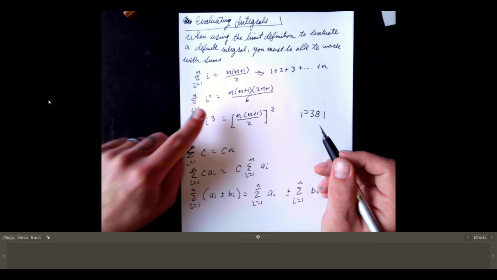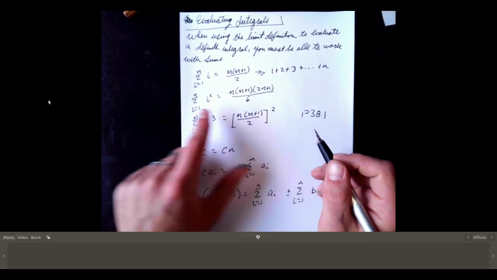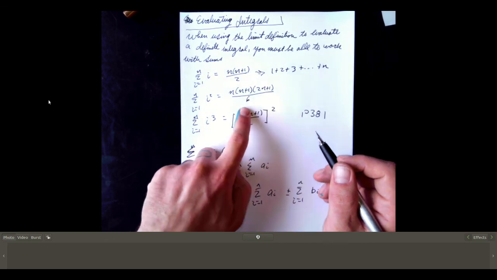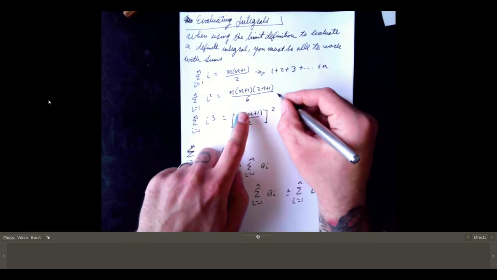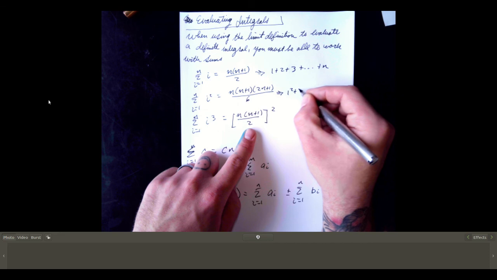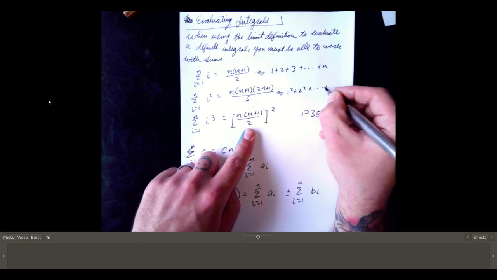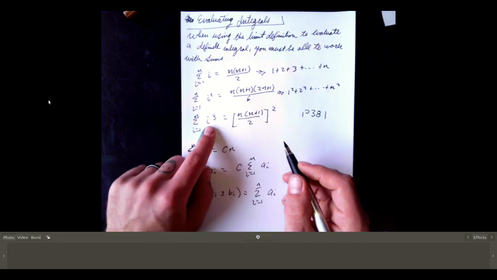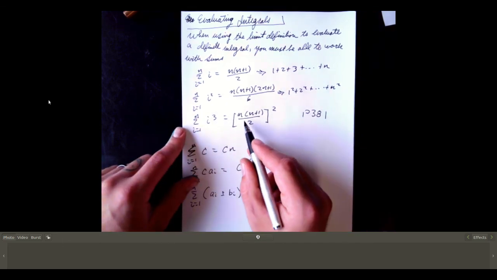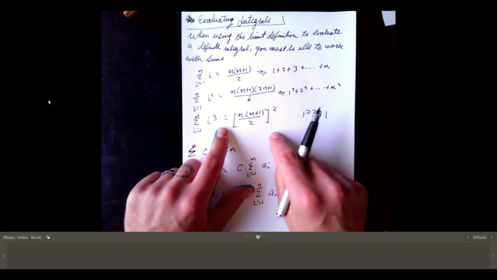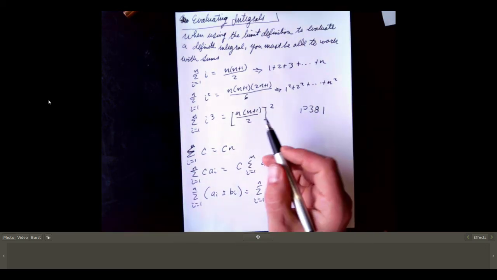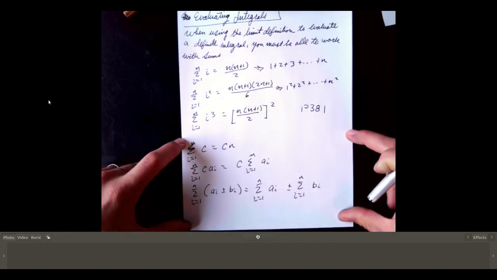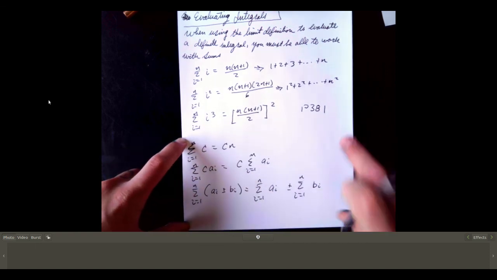The sum of the first n integers squared is n times n plus 1 times 2n plus 1 over 6. So that's like 1 squared plus 2 squared plus up to n squared. And the sum of the first n integers cubed is n times n plus 1 divided by 2, that quantity squared.